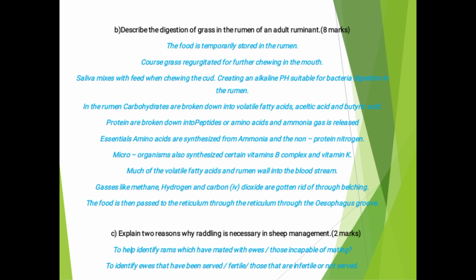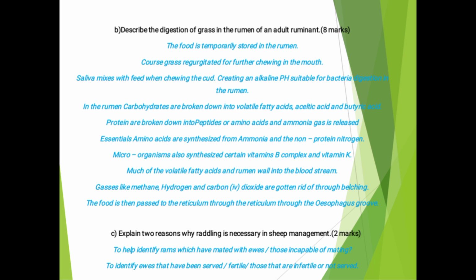Proteins, on the other hand, are broken down into peptides or amino acids, and ammonia gas is released as a byproduct. Essential amino acids are synthesized from ammonia and the non-protein nitrogen. Microorganisms also synthesize certain vitamin B complex and vitamin K. Much of the volatile fatty acids pass through the rumen wall into the bloodstream. Gases like methane, hydrogen and carbon dioxide are gotten rid of through belching.